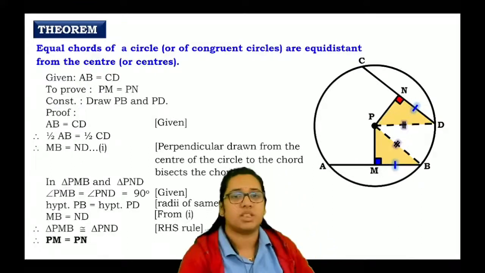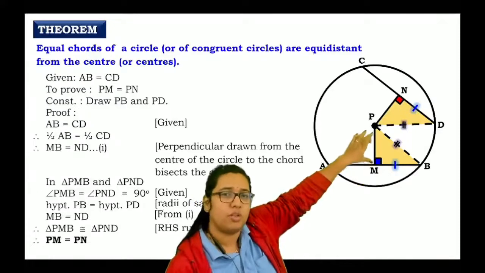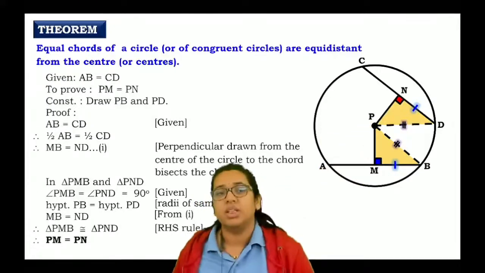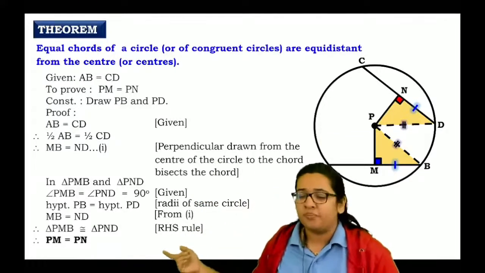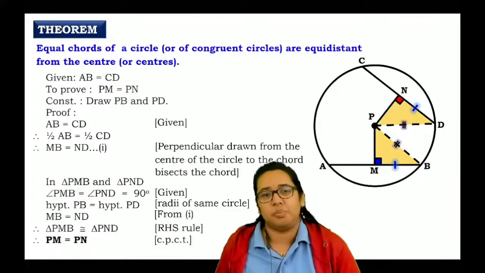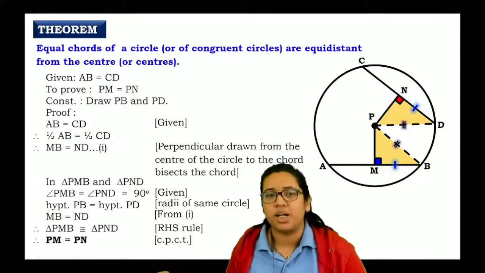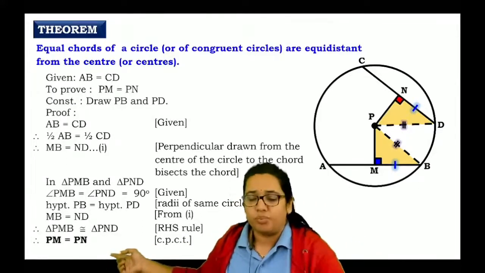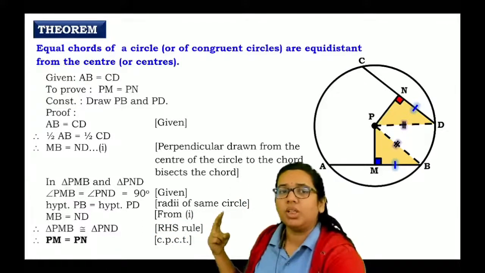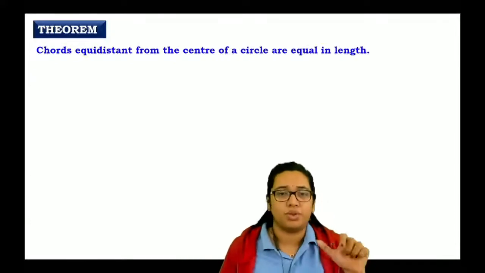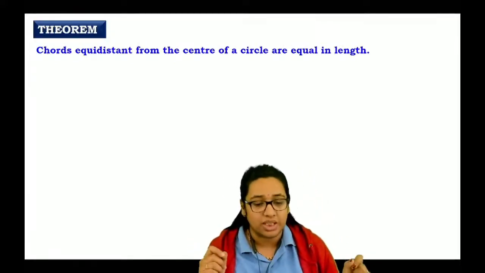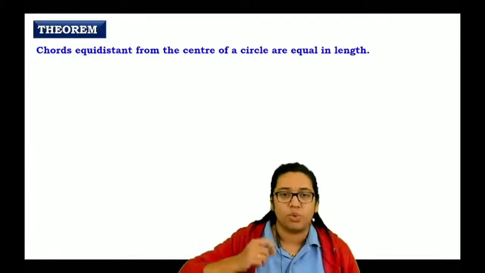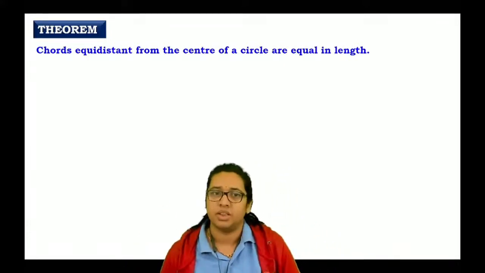But we have to check the values of PM and PN. Obviously they will be equal, and the reason is CPCT, that is, corresponding parts of congruent triangles are equal. So here we have proved that if we have two chords of equal length, then they are equidistant from the center.